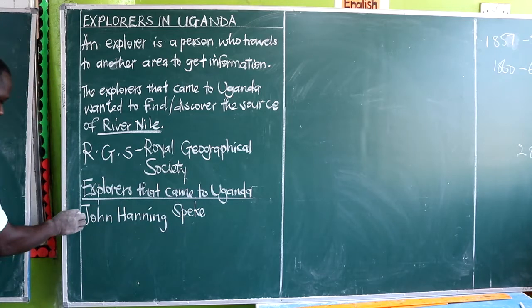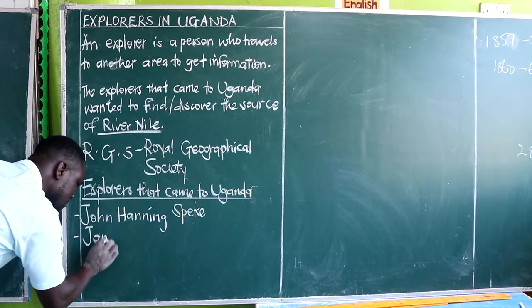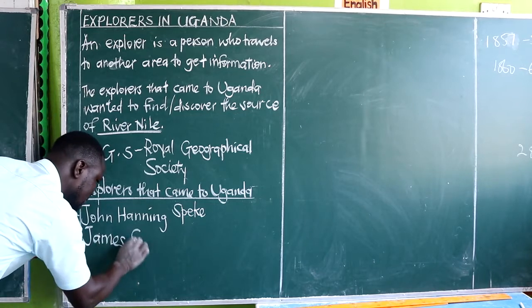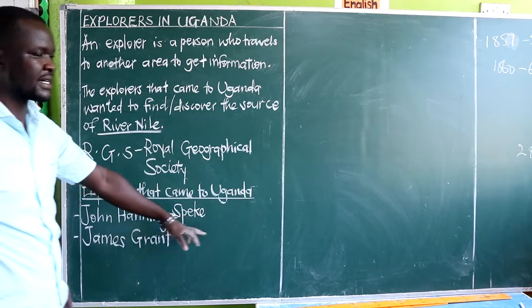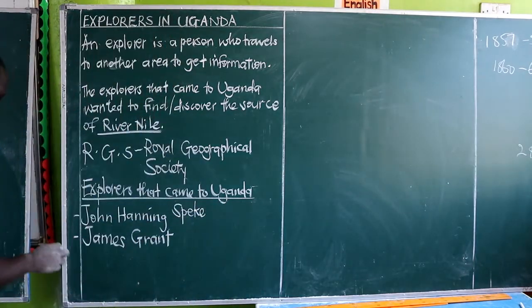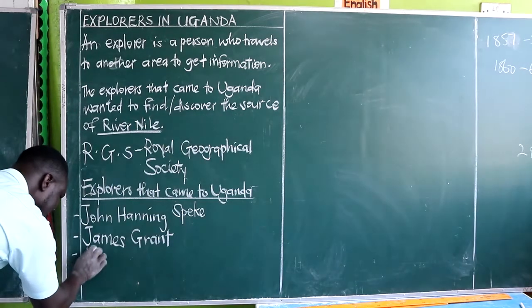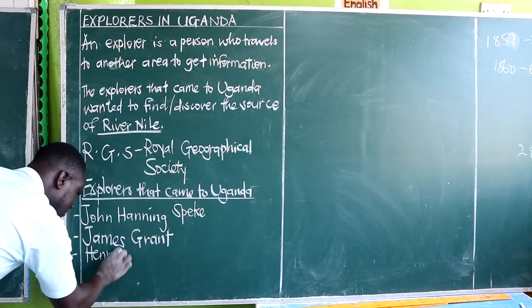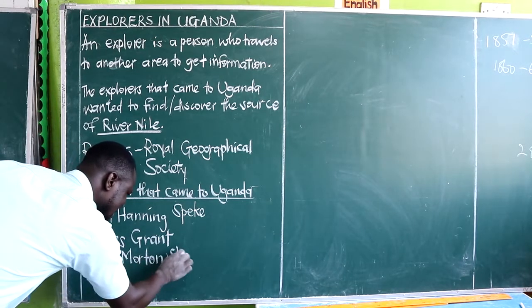And then we also have James Grant, who came with John's Peak, entered Uganda. And then we shall have another explorer, that is Henry Morton Stanley.